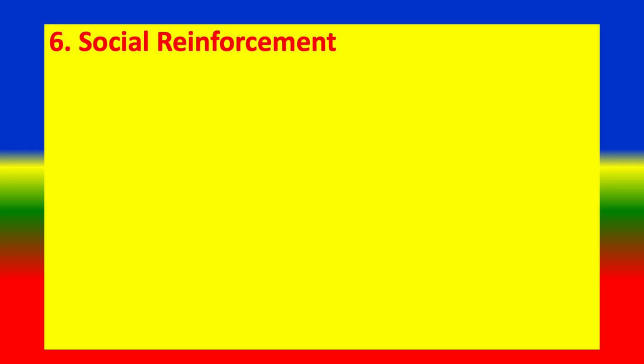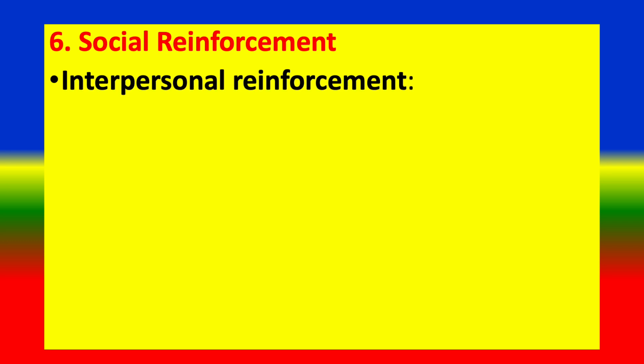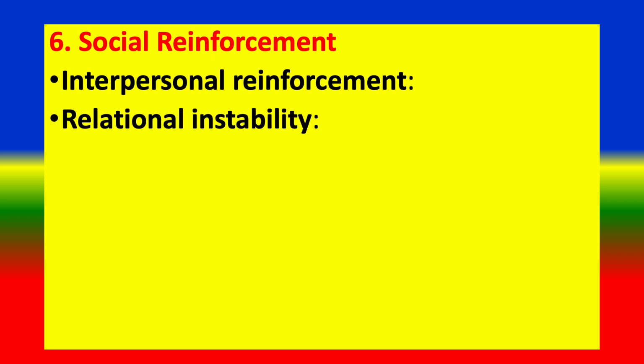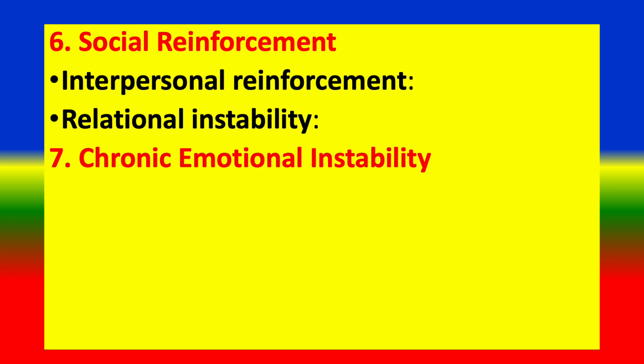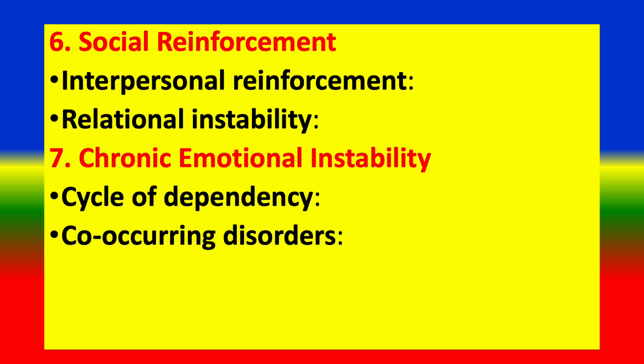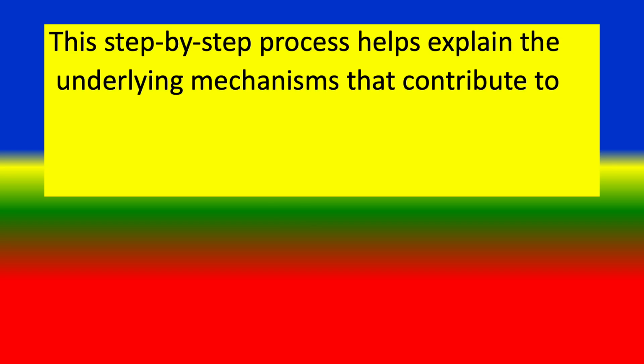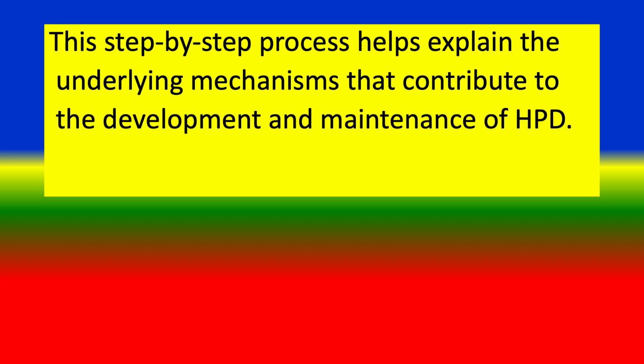Six, social reinforcement, interpersonal reinforcement, relational instability. Seven, chronic emotional instability, cycle of dependency, co-occurring disorders. This step-by-step process helps explain the underlying mechanisms that contribute to the development and maintenance of HPD.